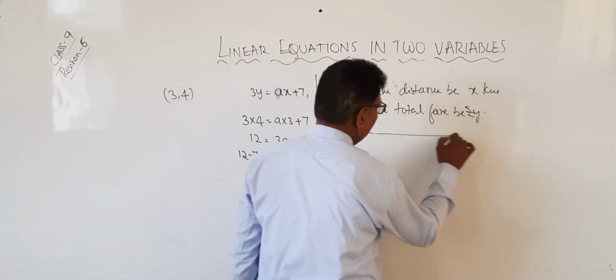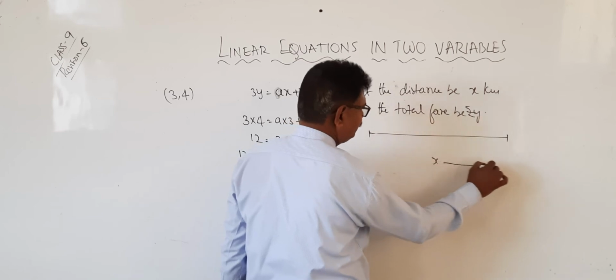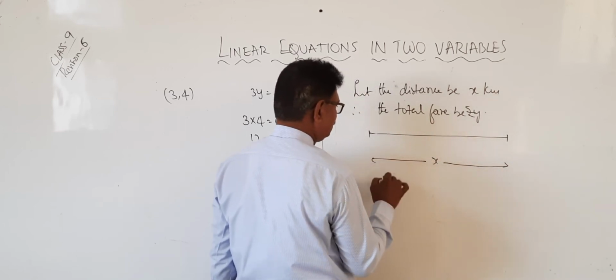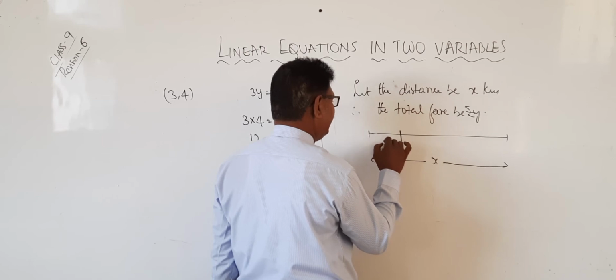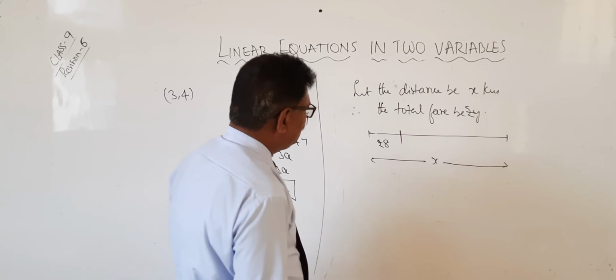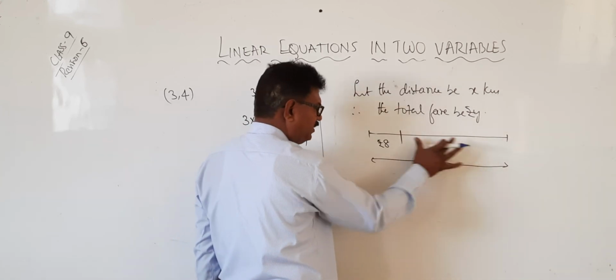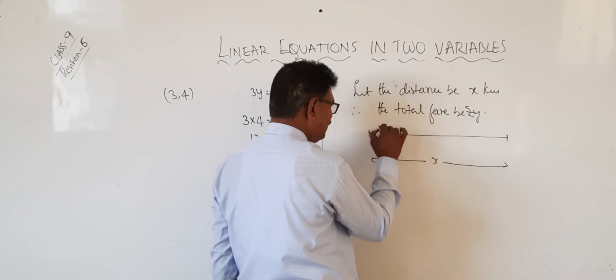See, very simple. Total distance is x. In that, for the first kilometer, it is nothing but 8 rupees. So, what will be this distance? Total is x. Therefore, this is for 1 kilometer.